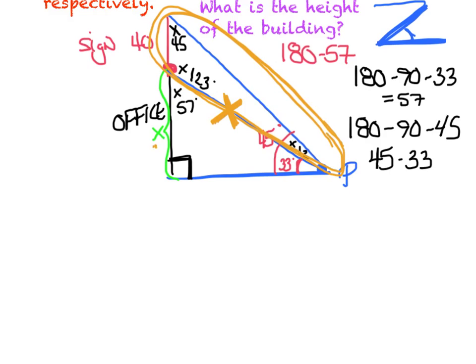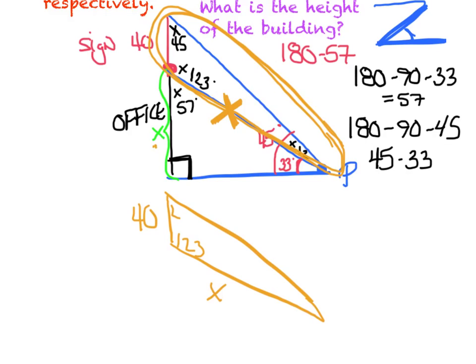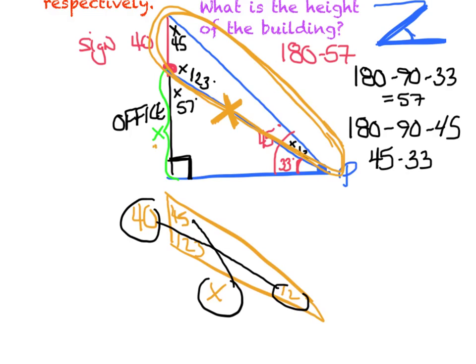So, which laws are you staring at? And if it's too messy for you, pull it out like I did on those other vector problems. I know this is 40. I want x. I know this angle is 123, 45, and 12. So, now it's a little slanted, but 40 is across the way from the 12, and x is actually across from the 45 degree angle.